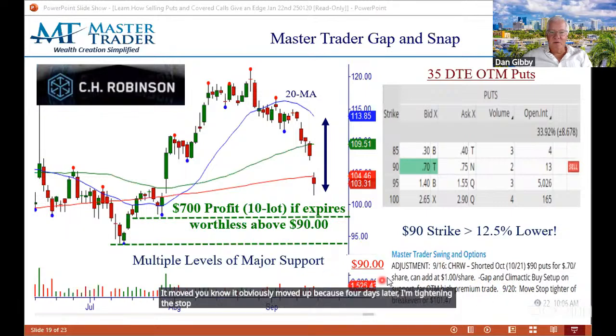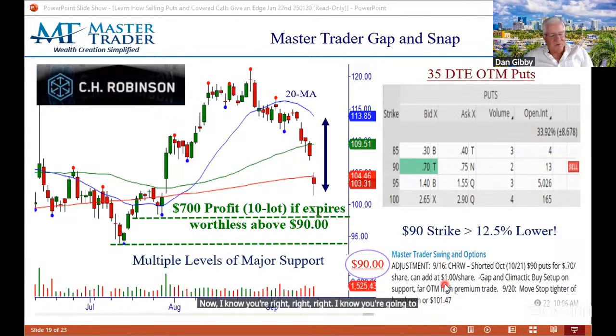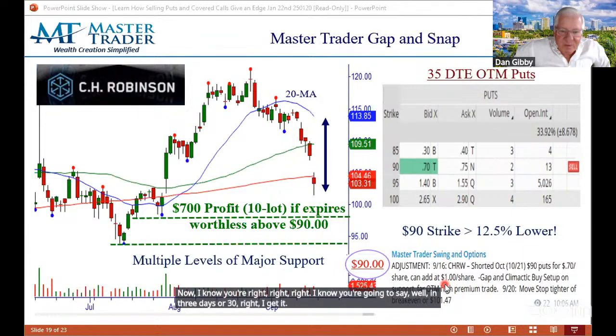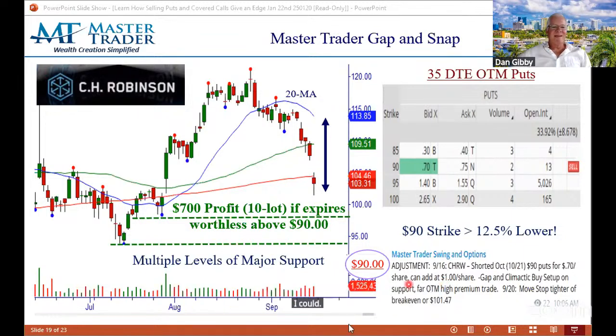But here's my question, Greg, what do you think the odds of this going to $90 are? Now I know you're going to say, well, in 3 days or 30, right? I get it. But these green lines are showing, as you call it, levels of defense.